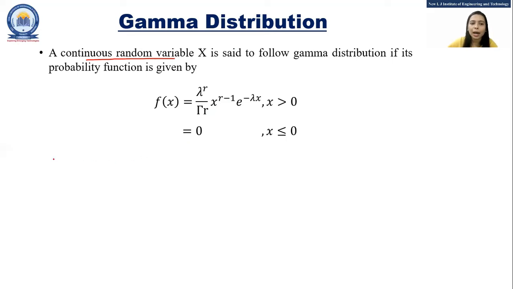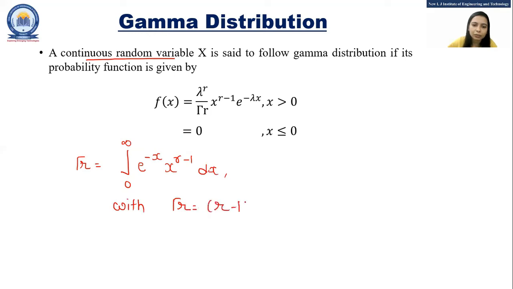Over here, gamma r is the gamma function, given by the integral from 0 to infinity of e raised to minus x, x raised to r minus 1 dx, with gamma r equal to r minus 1 times gamma r minus 1 for r greater than 1, and equal to r minus 1 factorial for r a positive integer.